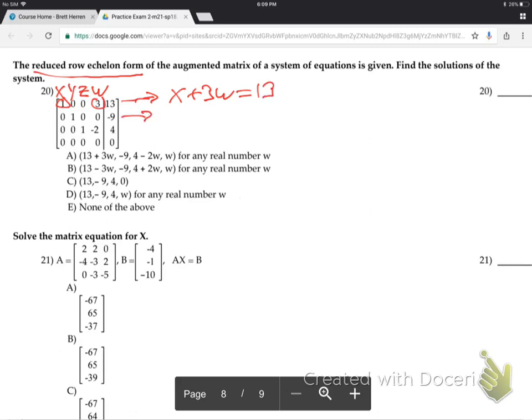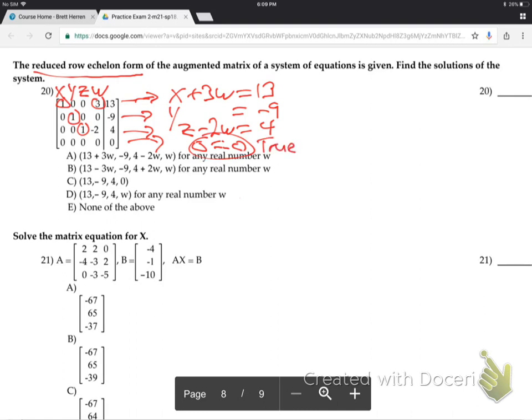What is the second one saying? Y, because 1Y, equals -9. What is the third one saying? Z, minus 2W equals 4. The last one's saying 0 equals 0, which is a silly thing to say. That's true, but it's not helpful, so we ignore it.